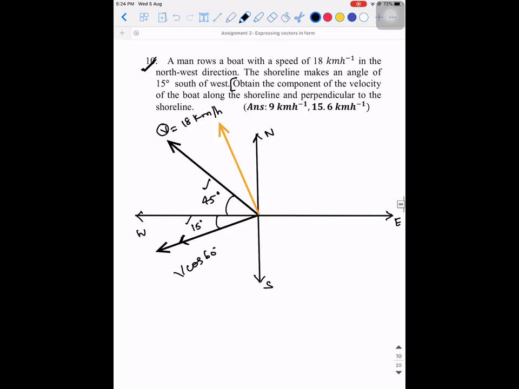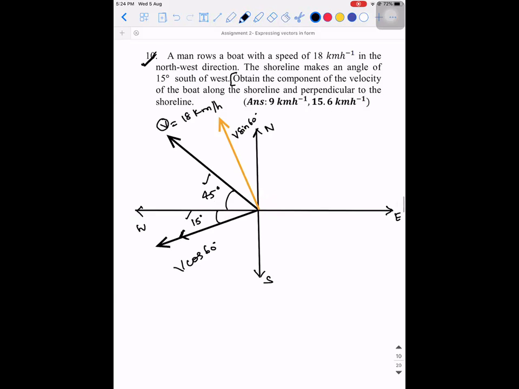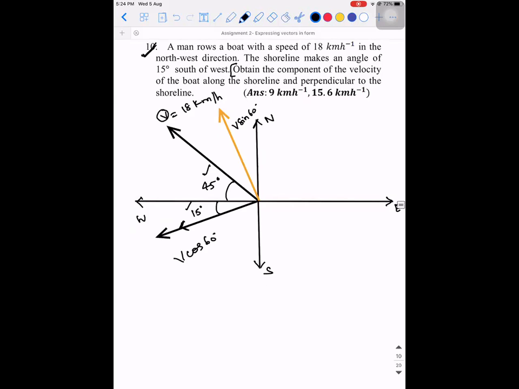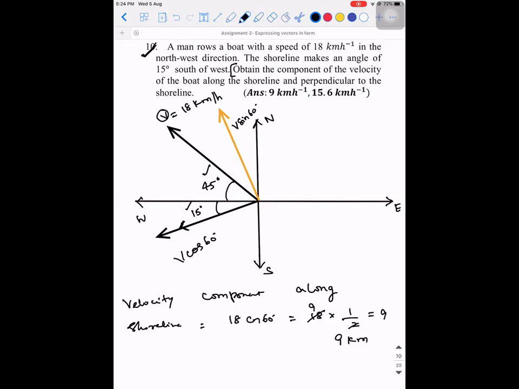And here, the orange color line will be v sin 60. So velocity component along the shoreline is what? 18 cos 60. That is 18 into cos 60 is half. This and this will get cancelled. Answer will be 9. So 9 km per hour is the velocity along the shoreline.